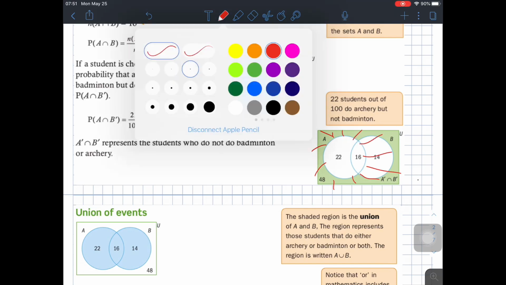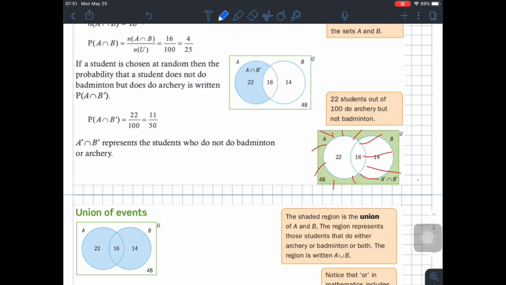And not B, let me do this with a different color, blue. Not B would be all the people who are outside B, right? So you see that what they have in common is everything except all the interior part, all this part over here. So that means that we're only left with the green region, which is shaded over there.